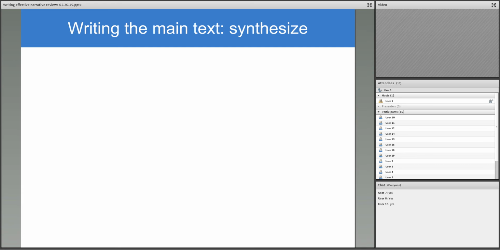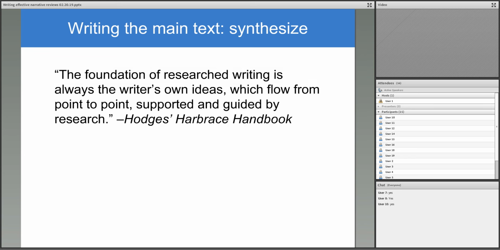An okay review only compiles information, but a good review synthesizes. To quote Hodge's Harbrace Handbook, the foundation of research writing is always the writer's own ideas, which flow from point to point, supported and guided by research. In other words, a review should be more than a collection of summaries.